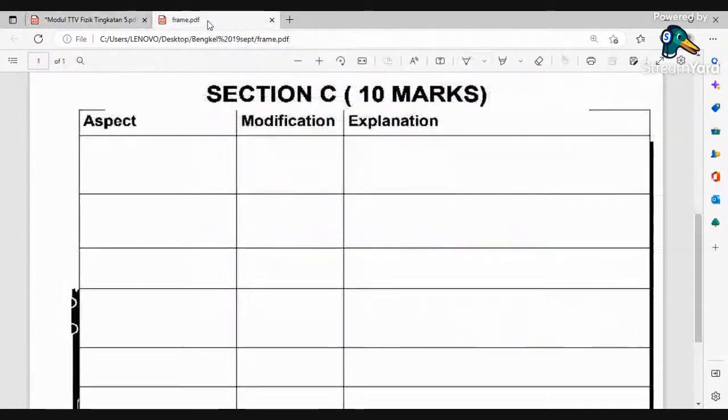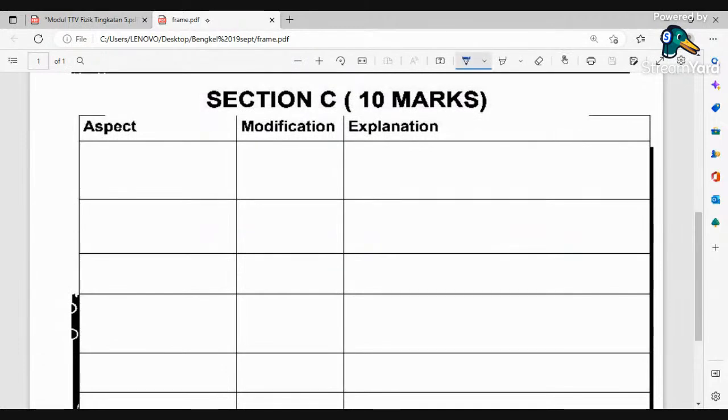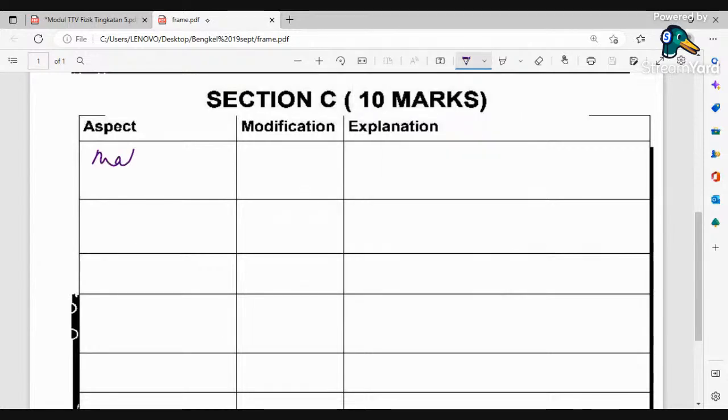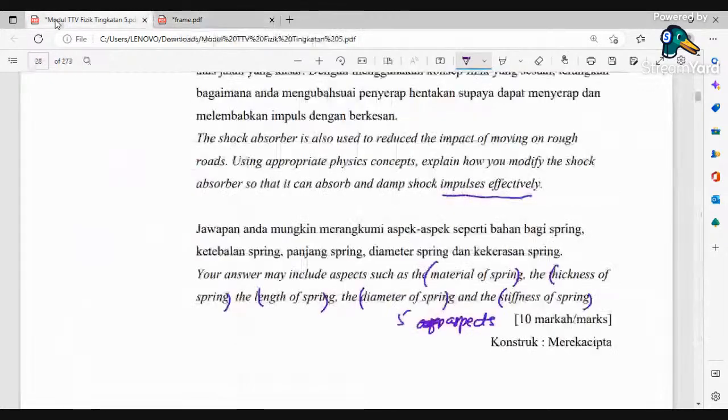Material of the spring, thickness of spring, length, diameter, and stiffness.